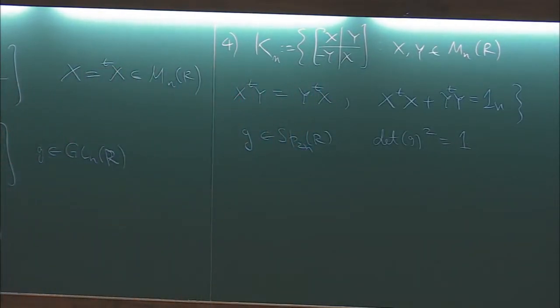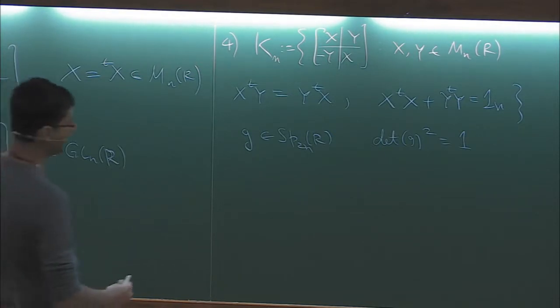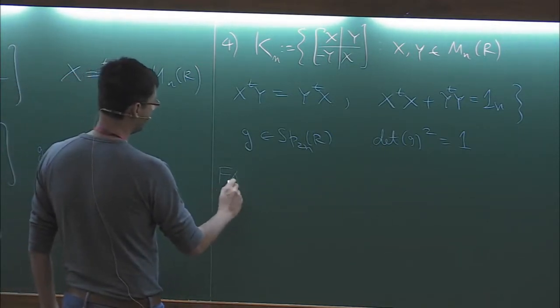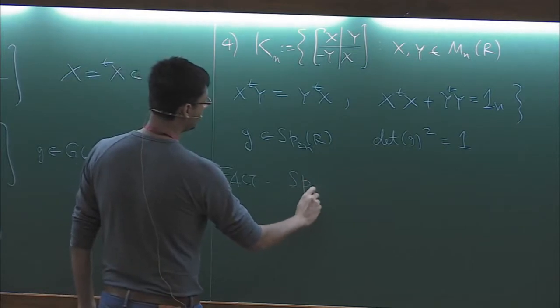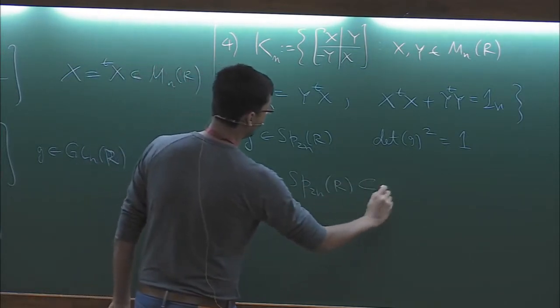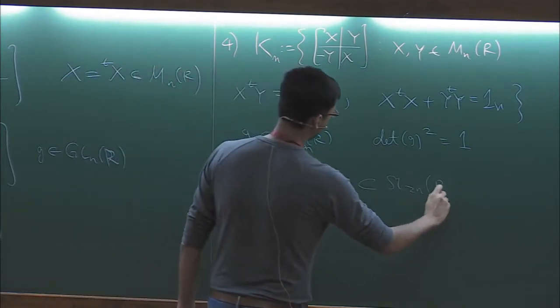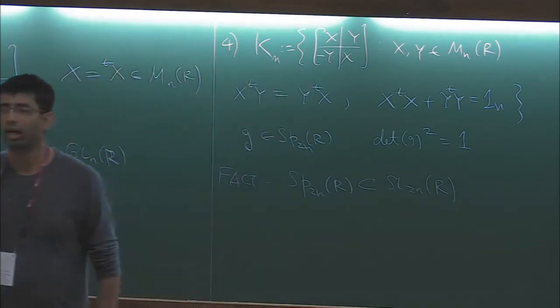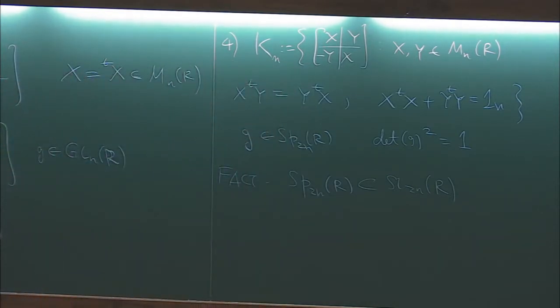Well, the question is, can you have a minus 1 or are you forced to have a plus 1? So is it inside SL2n(R), or could it have a minus 1 determinant? So a fact of life is that sp2n(R) is actually always inside SL2n(R). And for a general ring R, it's kind of complicated to show. You show it by induction and so on.